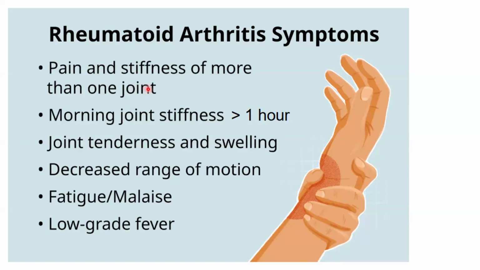So pain and stiffness of one or more joints, morning stiffness lasting more than 1 hour, and tenderness and swelling over the joints, decreased range of motion, and then generalized features such as low grade fever. You get it in most of the chronic diseases, fatigue, malaise, right? So just remember, stiffness in rheumatoid arthritis is more than 1 hour, right?